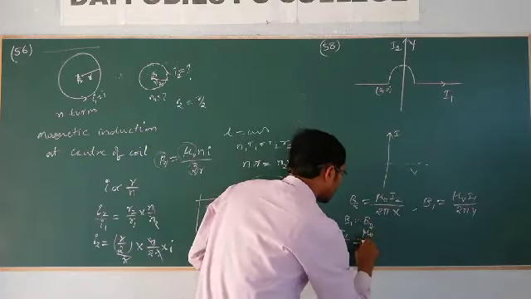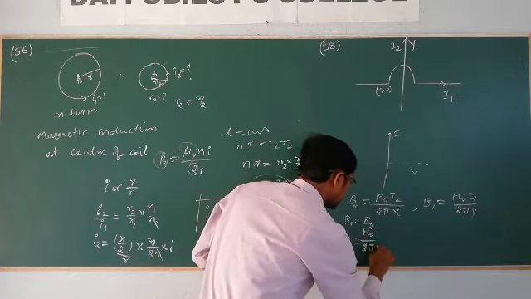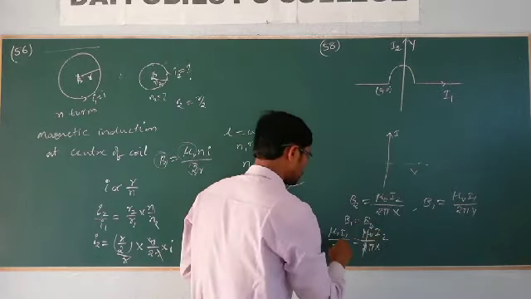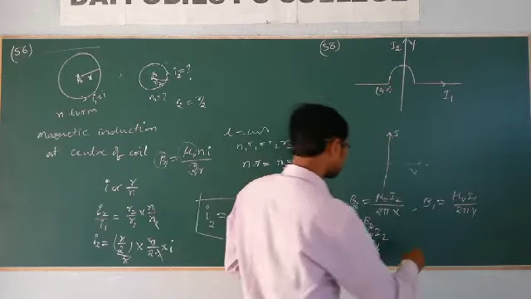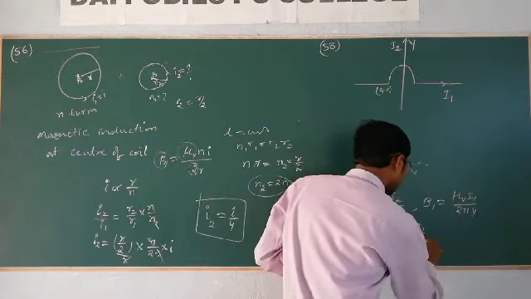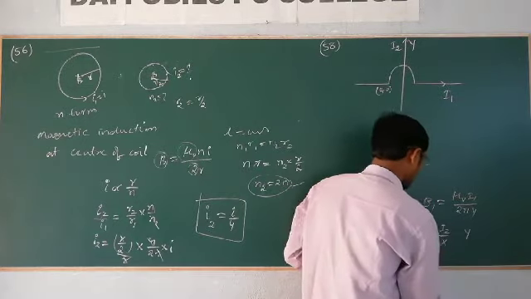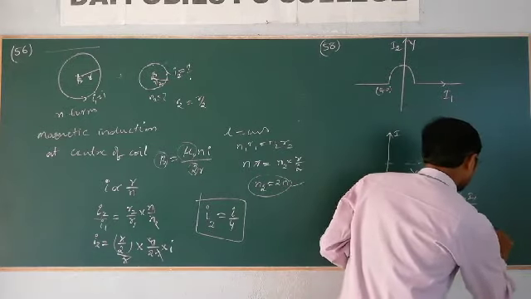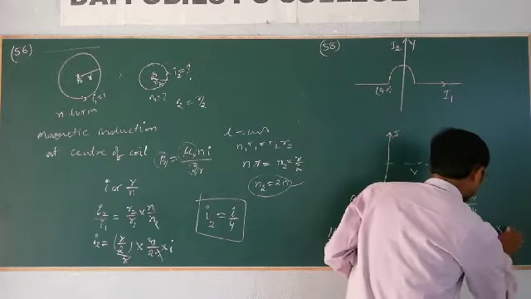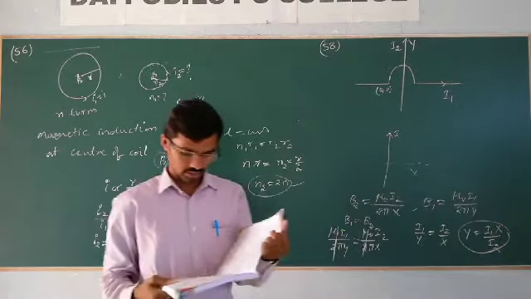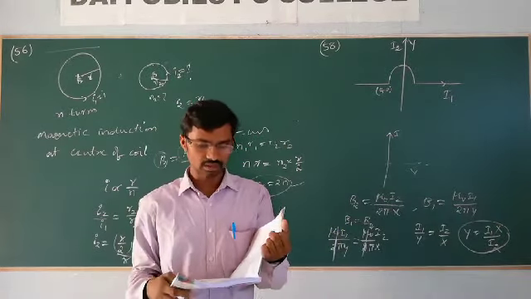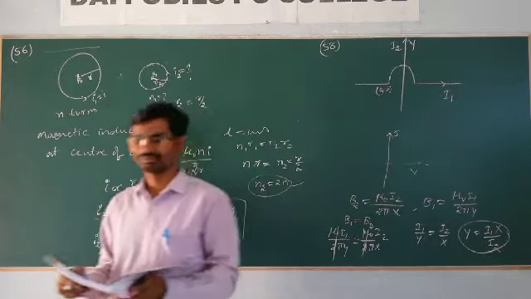Similarly, mu naught by 2 pi x into I2. Mu naught by 2 pi cancels. Now I1 by y is equal to I2 by x. From this, y is equal to I1 x by I2, which is the third option, the correct one.